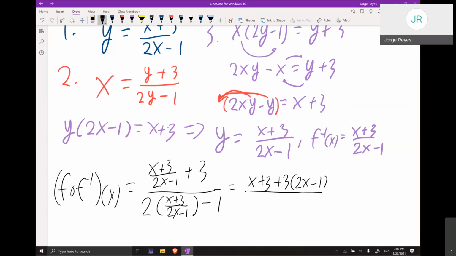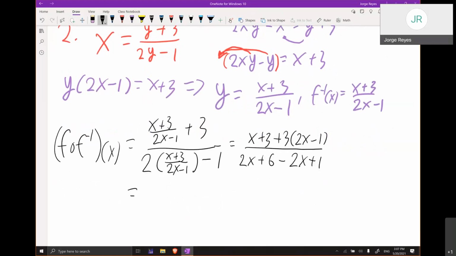And then 2x plus 6 minus (2x plus 1)... wait, so I'm distributing. So the 2x's cancel, and I'm going to get a 7 on the bottom. And then the top, what happens with the top?